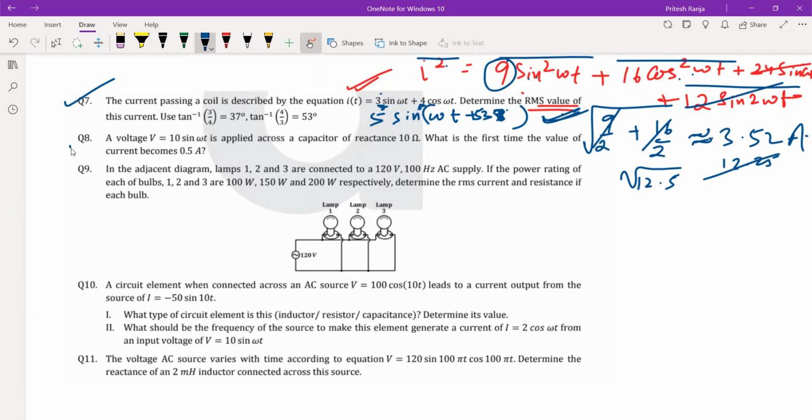Okay, number 8. This answer especially Anisha will tell us.